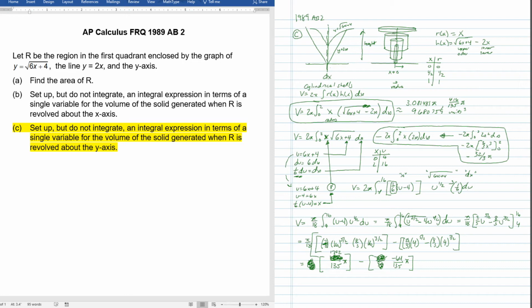So I will subtract a negative 64 divided by 135, and that does work out to be my 1856 over 135 pi. So this answer that I gave you originally is actually the final answer of this whole piece right there.